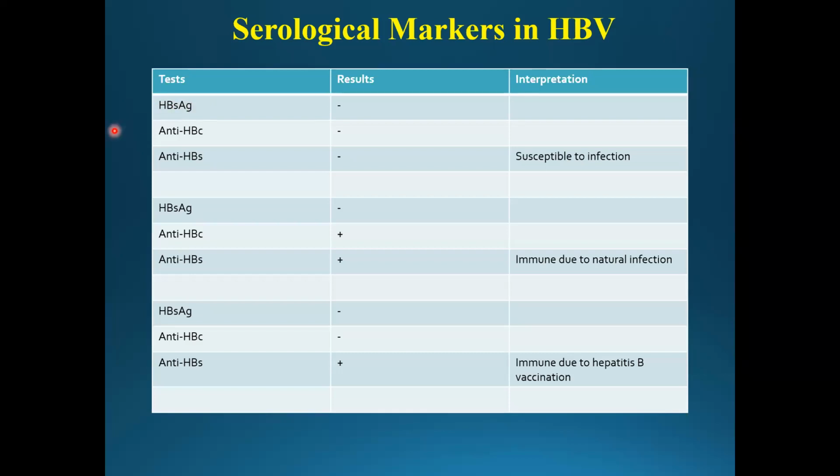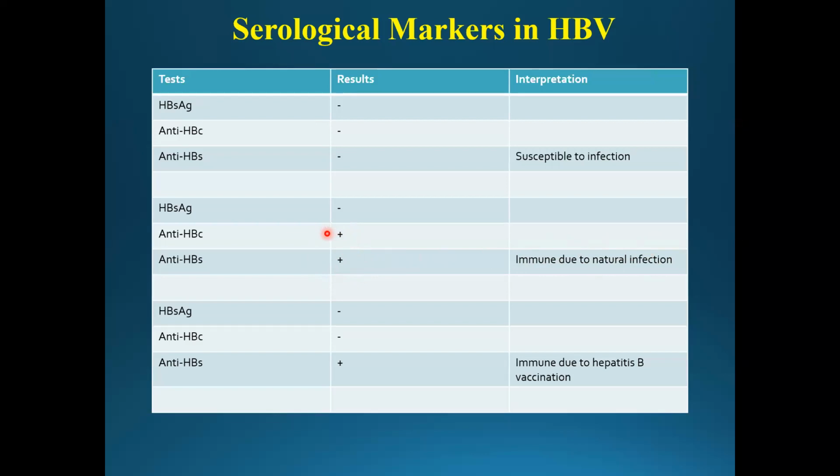Okay. Now, coming to the second person here with these serological markers: hepatitis B surface antigen is negative, the core antibody is positive, and the surface antibody is positive. Once the person gets to meet hepatitis B, the person may develop immunity from the infection, so immune due to natural infection, and the core antibody will last long, will be there in the blood of this patient forever.